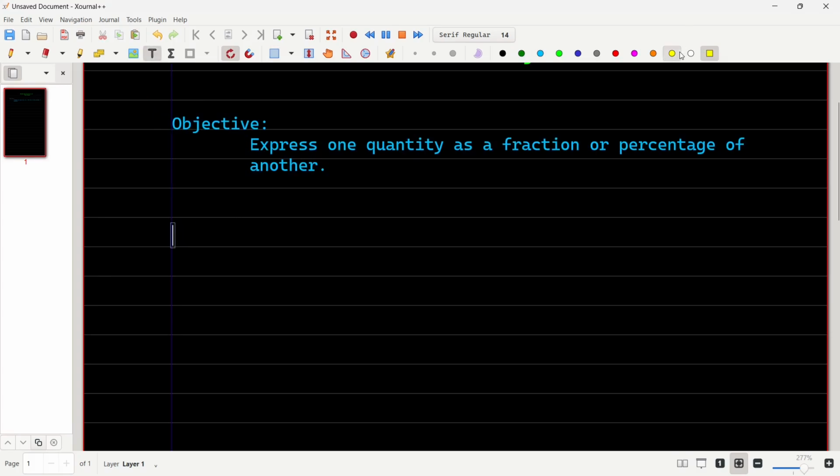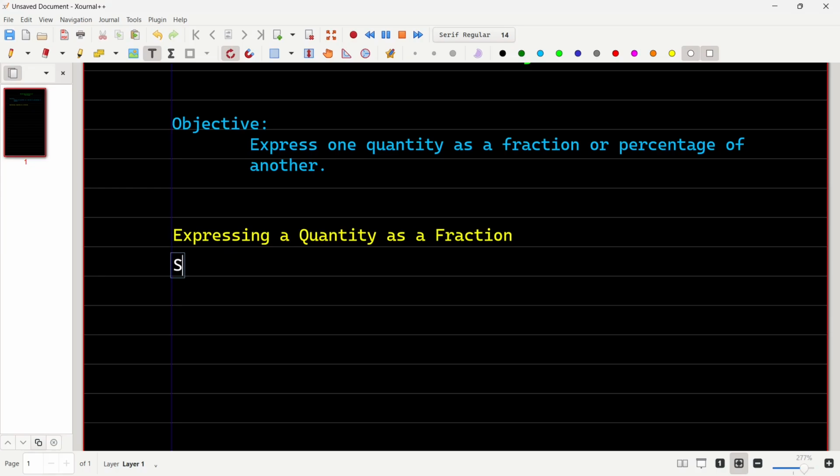Here, and we're going to be expressing a quantity as a fraction. Put the next line here, space, right. Now, since you already know what a fraction is, then we can express a quantity as a fraction by just simply using a formula, right?